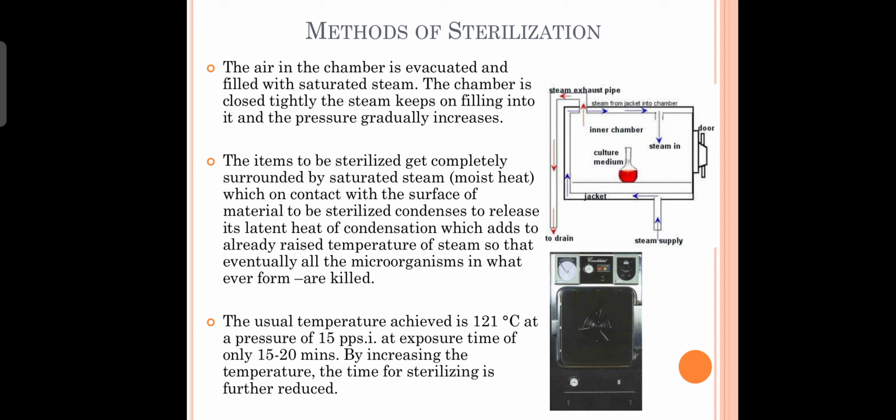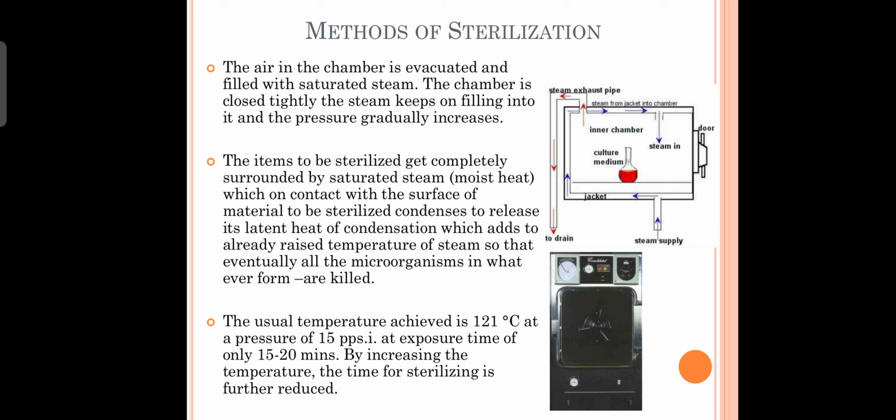The item to be sterilized gets completely surrounded by saturated steam, that is moist heat, which on contact with the surface of the material condenses to release its latent heat of condensation, which adds to the already risen temperature of steam, so that eventually all the microorganisms in whatever form are killed.